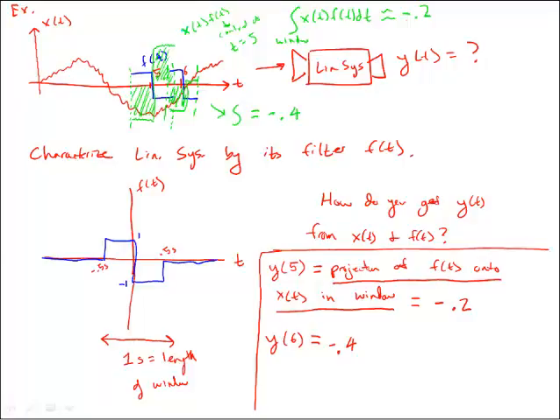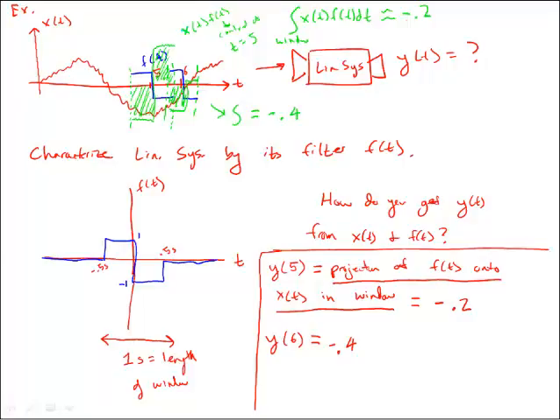And what your linear system does is it does this at every point in time. So how it works is that you pick up your filter and you place it over x of t, and you slide it along very slowly, and at every point you write down where the center of the filter is, you figure out what your window is, and you do the projection of your filter onto x of t in that window, and you write down your answer.